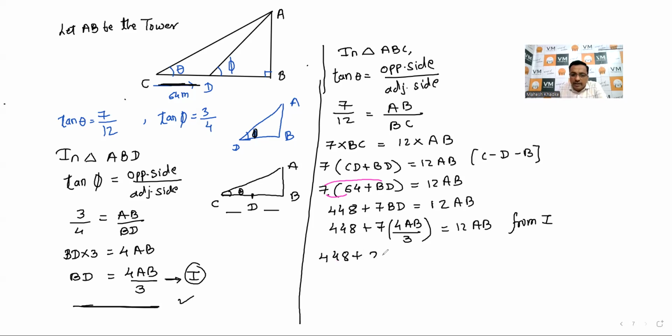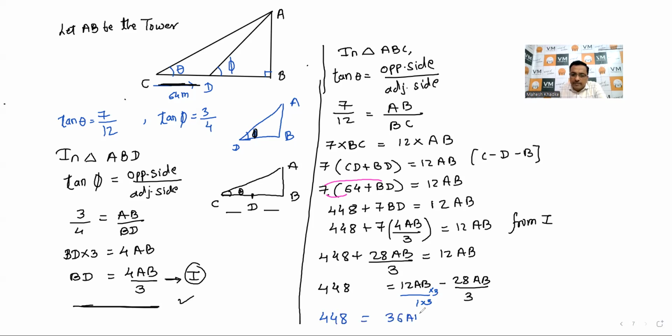तो 7 4s 28 AB upon 3 इज इक्वल टू 12 AB. अब AB को एक साइड शिफ्ट करते हैं, 448 as it is रखते हैं, 12 अपने घर पे ही है, और ये 28 AB upon 3 दूसरे के घर पे जा रहा है तो माइनस होगा, 28 AB upon 3. अब ये सब्ट्रैक्ट नहीं होगा, क्यों नहीं? बिकॉज डिनोमिनेटर इज नॉट सेम. इसका डिनोमिनेटर 3 है, इसका डिनोमिनेटर 1 है, तो we have to multiply this both by 3. सो दिस बिकम 448, 3 से मल्टीप्लाई किया, 36 AB minus 28 AB as it is.